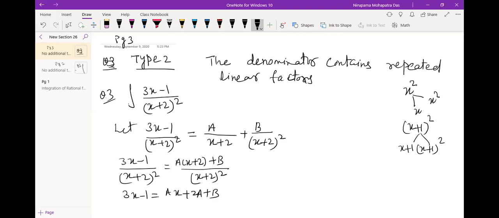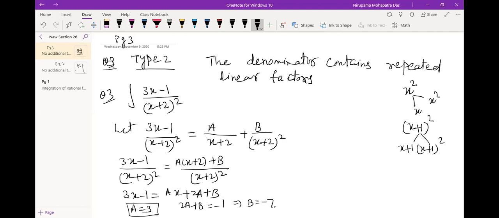By comparing the coefficients, you can clearly see a equals 3. Now 2a plus b equals minus 1. So b equals minus 7.